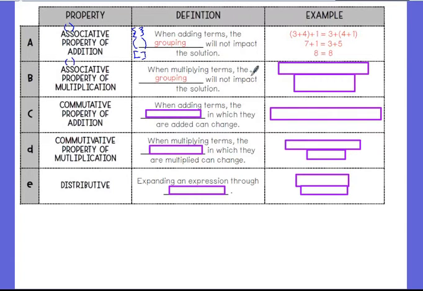So associative property of multiplication, an example could be this problem here where there's straight multiplication. They just changed up the parentheses. They're saying it doesn't matter what's grouped together, as long as it's straight multiplication, you're going to end up with the same answer.